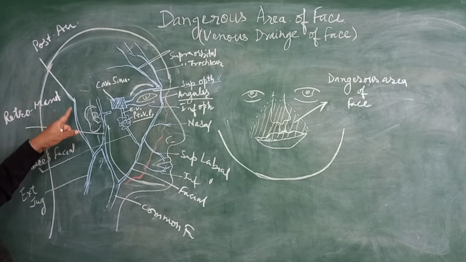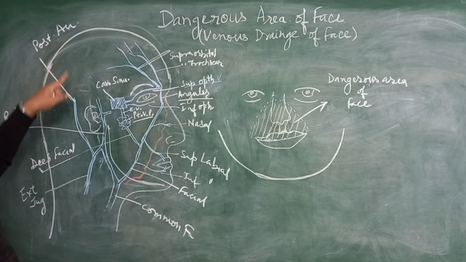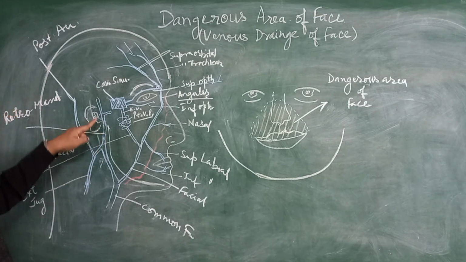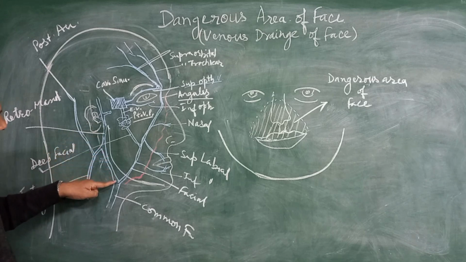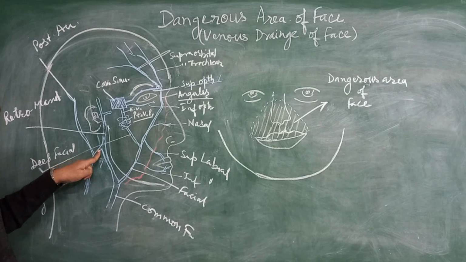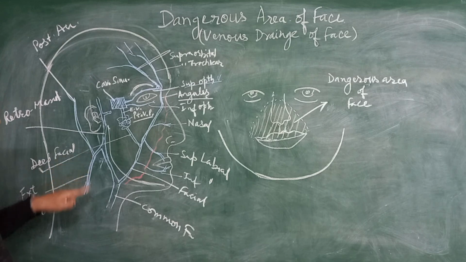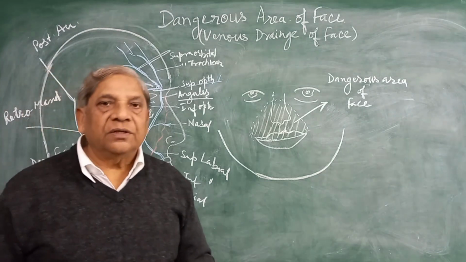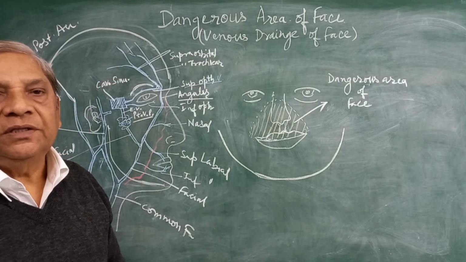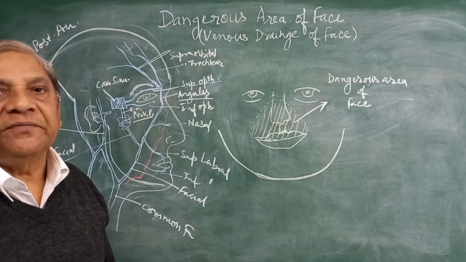And this is called the posterior auricular vein, which joins with the posterior division of the retromandibular. The anterior division was joining the facial to form the common facial, but here the posterior division of the retromandibular vein will join the posterior auricular to form what is called the external jugular vein. And this external jugular vein will run in the neck to join with the subclavian vein.